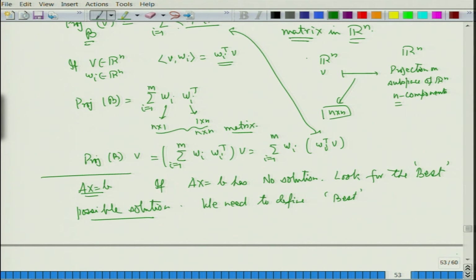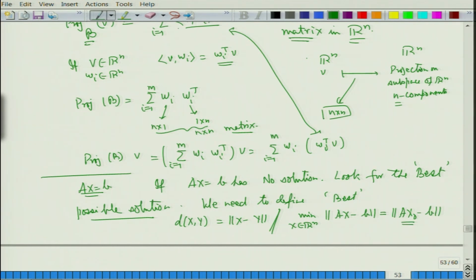So, to define the best, we looked at what is called the distance between x and y. We defined the distance between x and y as the norm of x minus y, and therefore, we looked at the minimum of norm of Ax minus B over x belonging to Rn, all right. We said that suppose this is equal to norm of Ax naught minus B. Now, why did I say suppose?